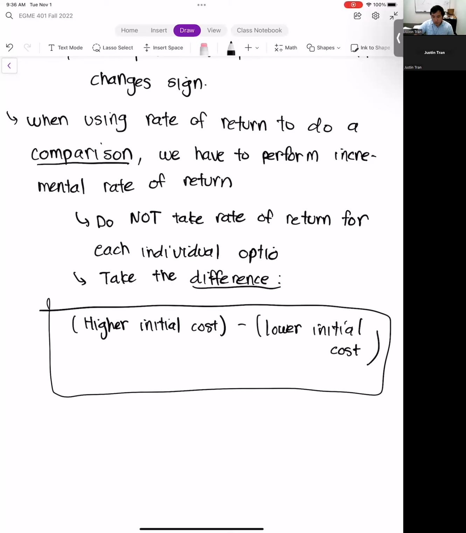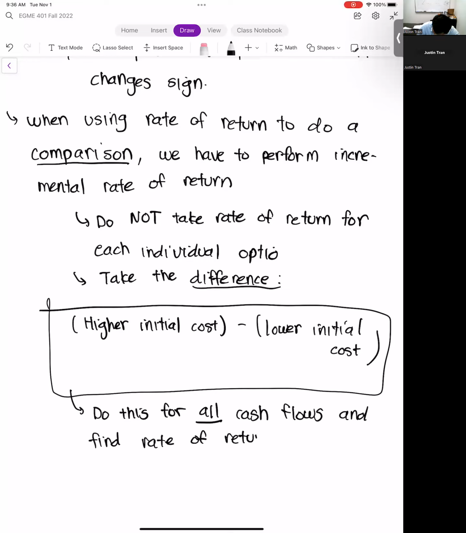Okay. And so you almost form a new option, a third option, which is the difference between these two.